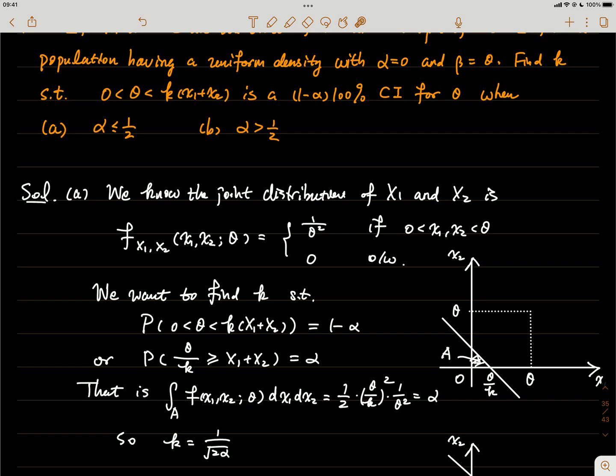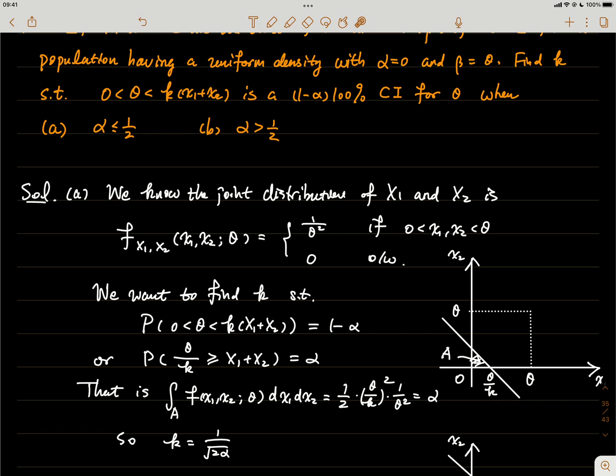The constant value is 1 over theta squared. Multiplying them together, we get alpha. So this value should be equal to alpha, and by this we can solve for k, which turns out to be k equals 1 over the square root of 2 alpha.